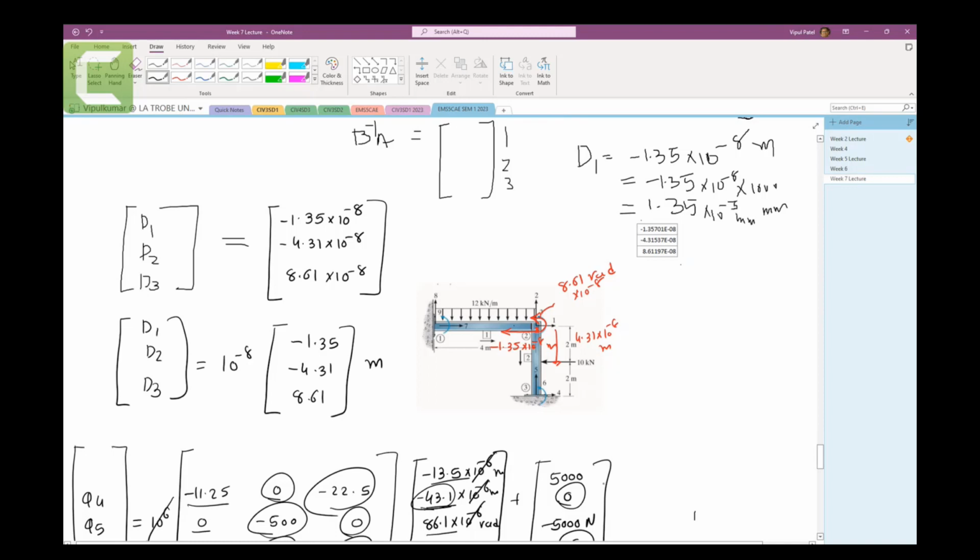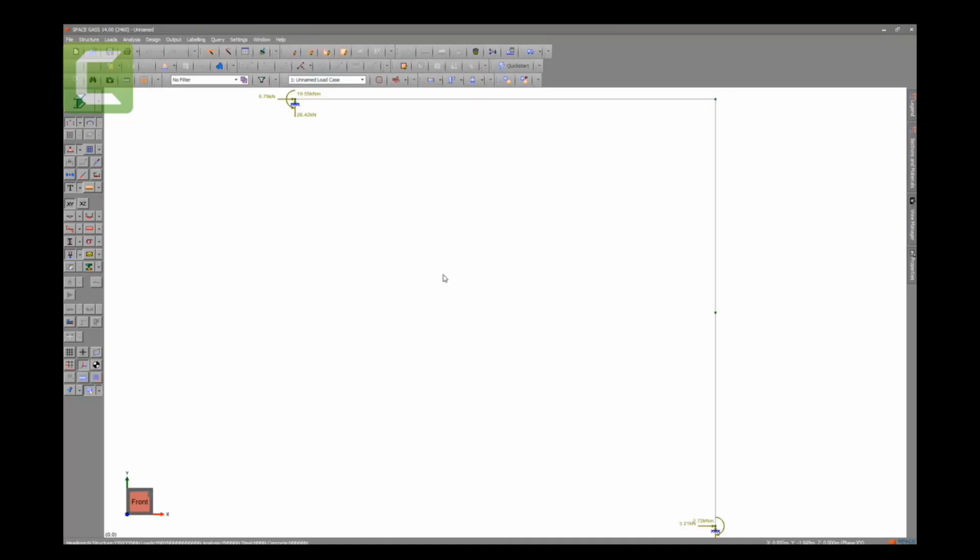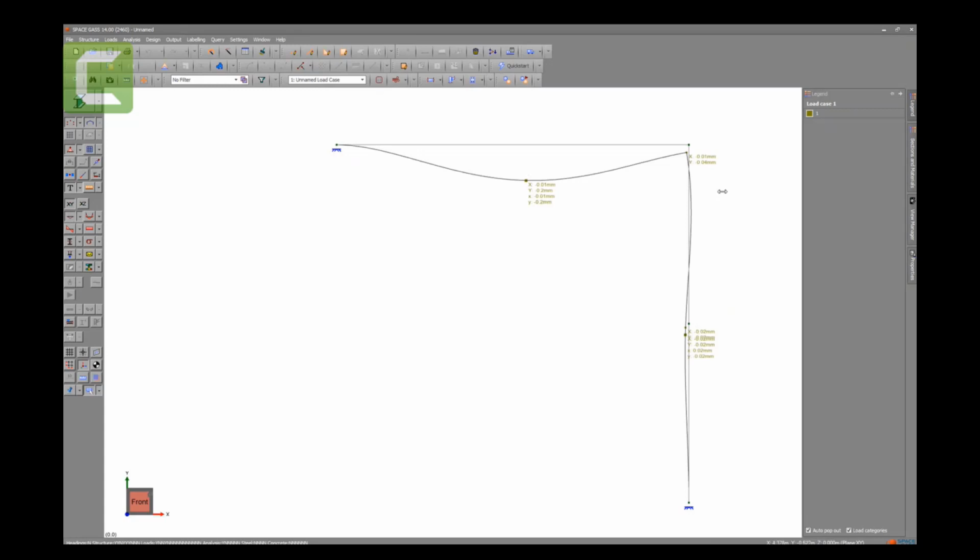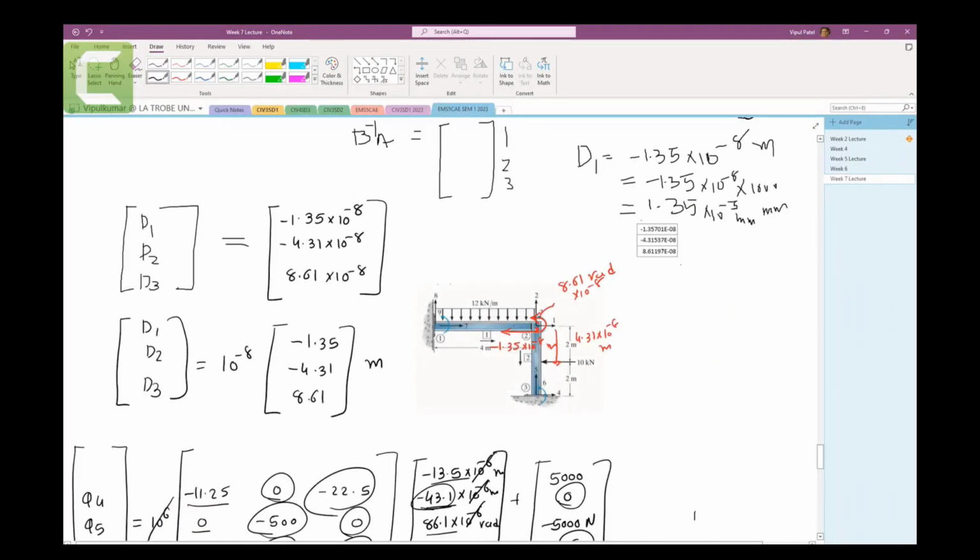Right. So let's get the load case to give us some values. Let me turn off these reactions and get the displacements. Look at that. X displacement is almost 0.01. So that is 1.35 millimeters, you can see there, 10 to the minus 5.